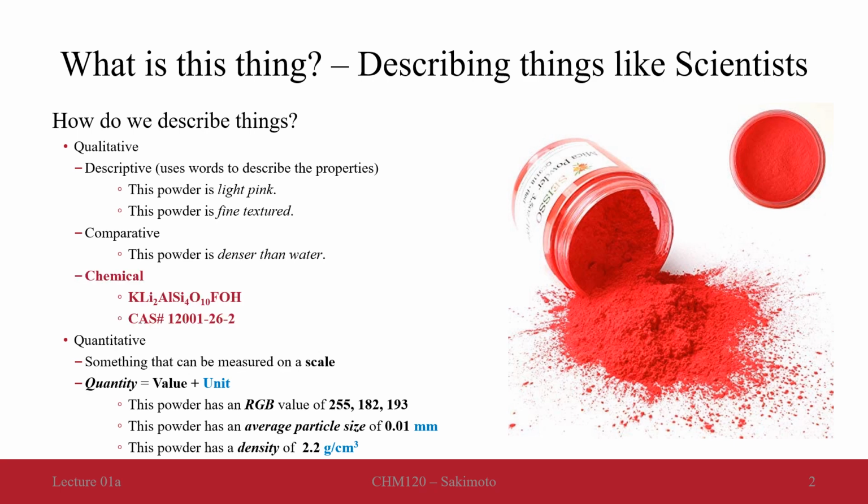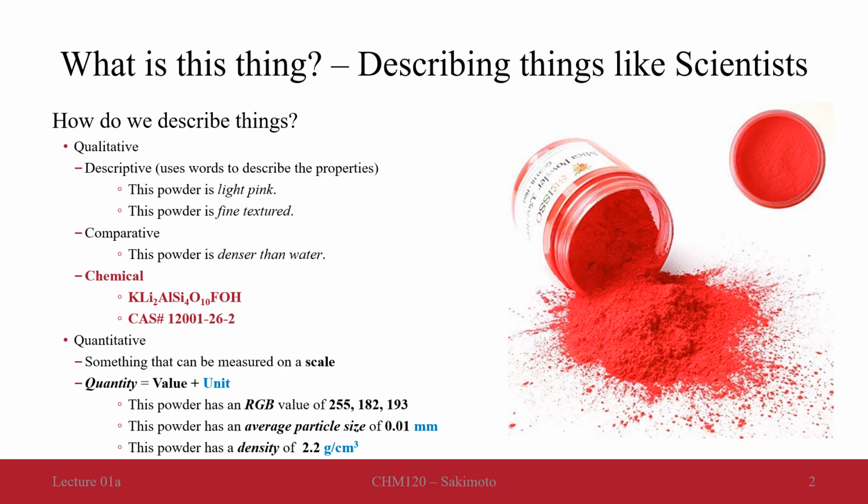Now, as chemists, we go even one step further than most scientists. We're concerned not just with what things look like, how much they weigh, or what color they are, but we want to know what these materials are composed of. What are they made out of? In this case, this particular light pink powder is a mineral. It's a rock composed of many different elements: K for potassium, Li for lithium, Al for aluminum, Si for silicon, O for oxygen, F for fluorine, and H for hydrogen.